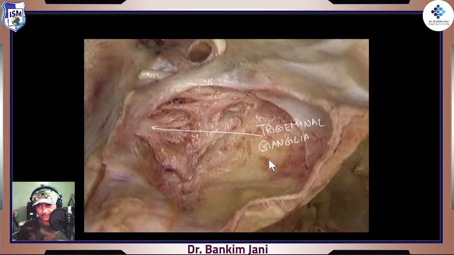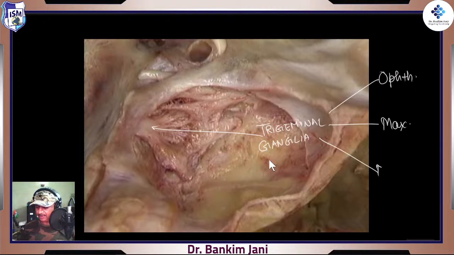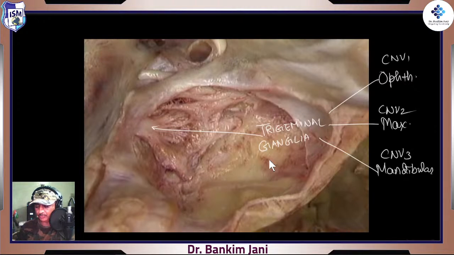So that is good. And from trigeminal ganglia, right, all those three divisions, they were going, right? What that is for the ophthalmic part, maxillary, the mandibular, and lovingly we were calling CNV1, CNV2, and CNV3, right? That's how we used to call.